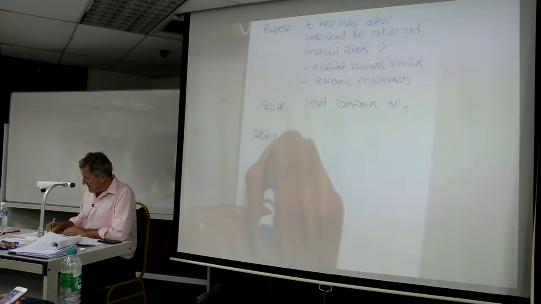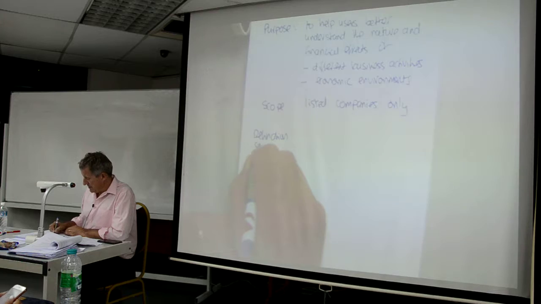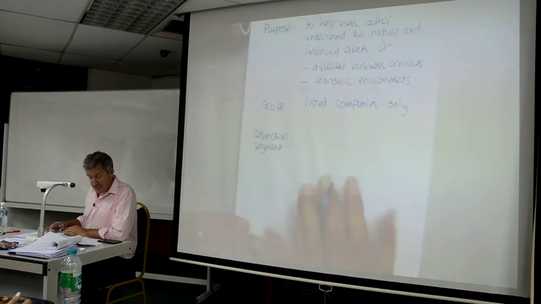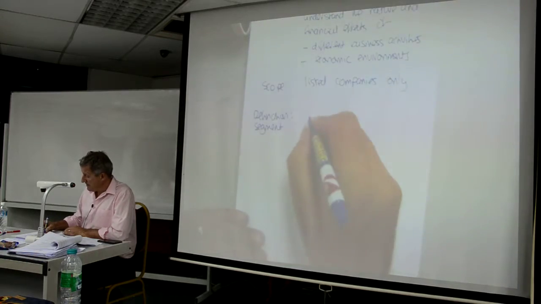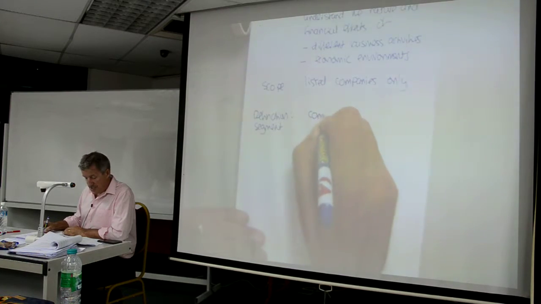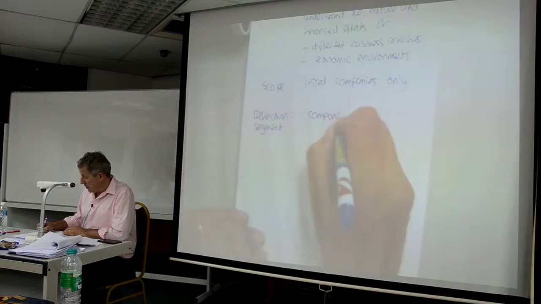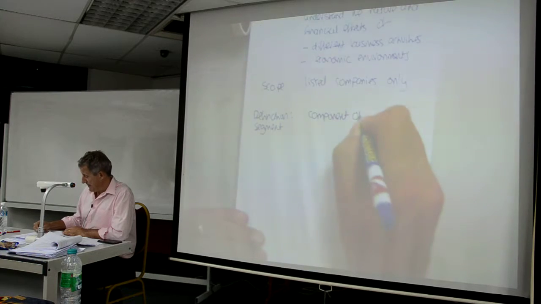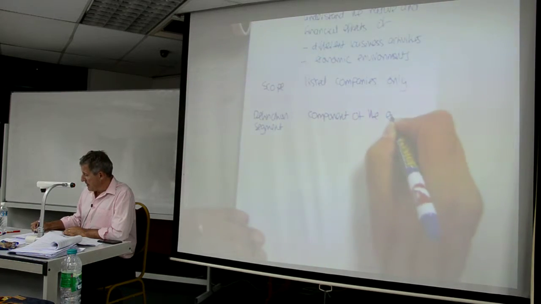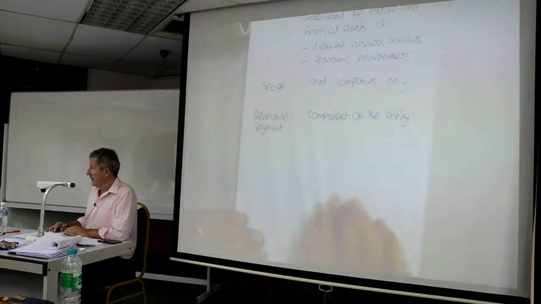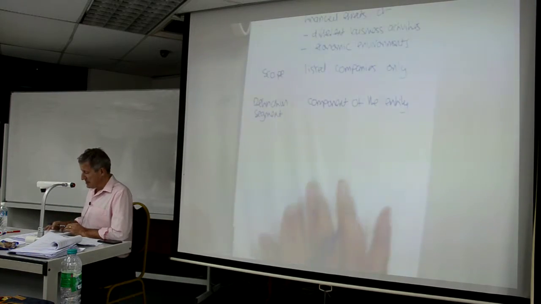I have a definition of a segment. It's not a very good definition, but it is the definition within the standard. A segment is a component of the entity, so that implies it might be a subsidiary. It's something that has to be distinct.